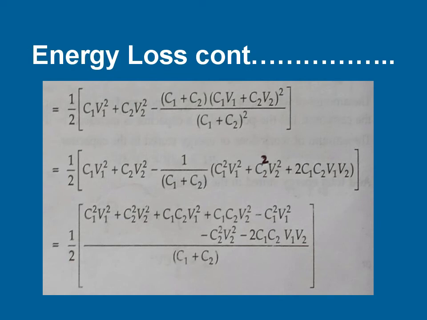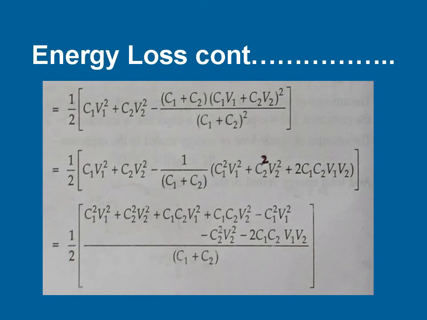Now observe in this slide, one term is cancelled out, that is C1 plus C2, which is common in numerator and denominator in the second quantity. What do you get? Half C1 V1 square plus C2 V2 square minus 1 by C1 plus C2.